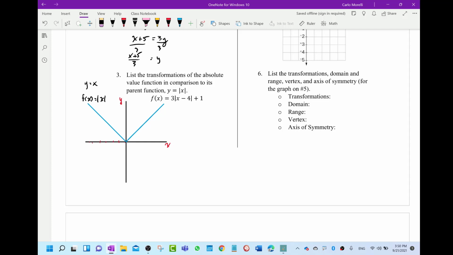And now we're just asked to find out what is happening here. Okay, so we've got all these transformations occurring. Well, let's identify what those transformations are. This means go up 1 unit. Now this means move, or shift, or translate to the right 4 units.